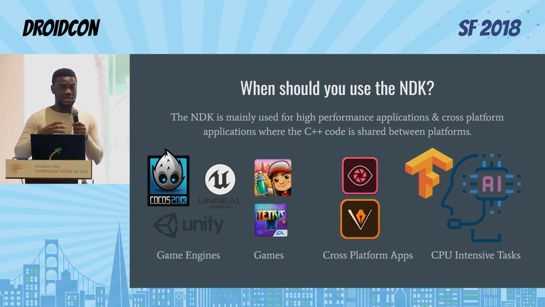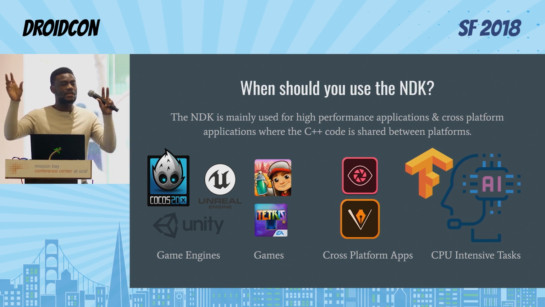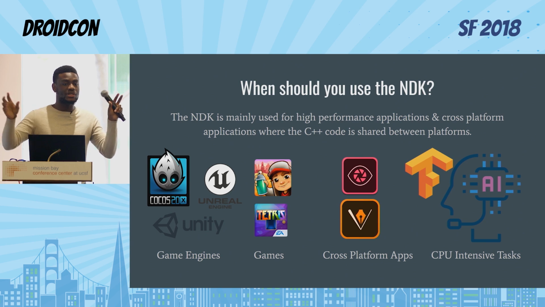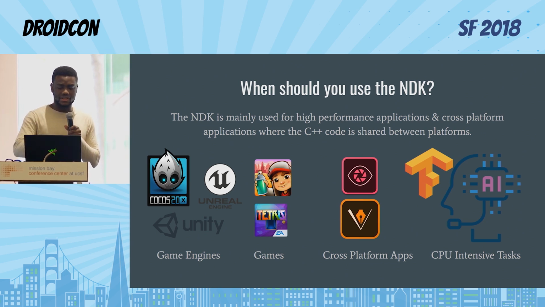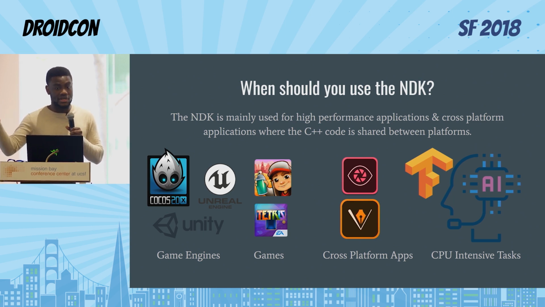You can write this in C++, and then the same core will be in C++, but it can run on both Android and iOS, and it'll run natively. So most applications, like I said earlier, like games, are either written with a game engine whose backend uses the NDK to compile for Android.